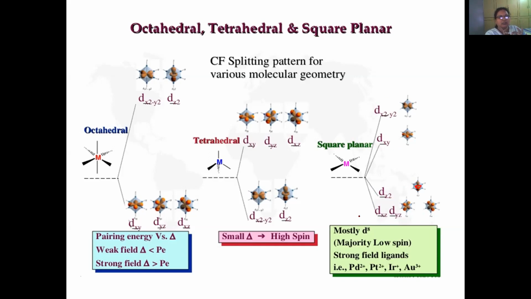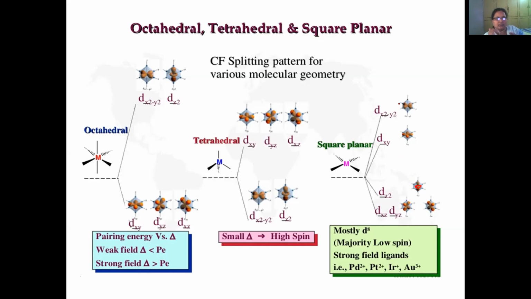So this is the splitting pattern for square planar complexes. In square planar complexes, we have to assume that the ligands approach the metal along the axes. Whatever orbitals are present along the axes will be repelled more. That is why dx²-y² gets repelled more, because its lobes are present on the x and y axes.